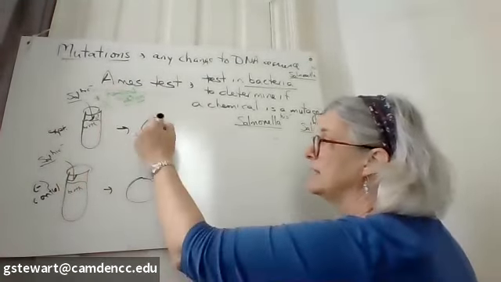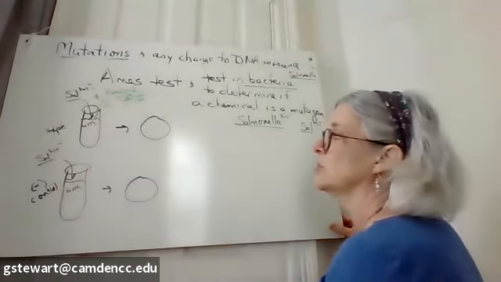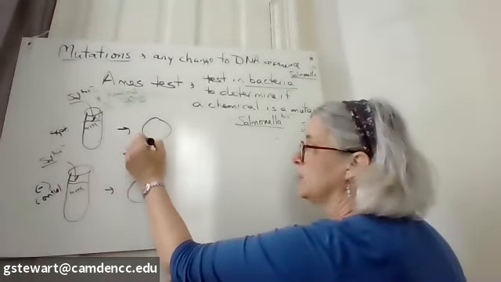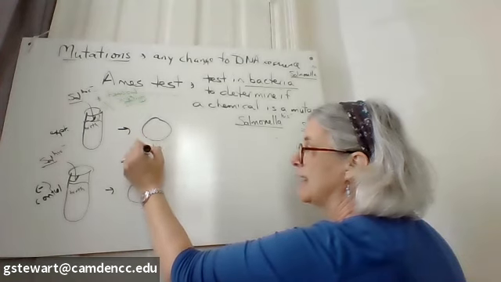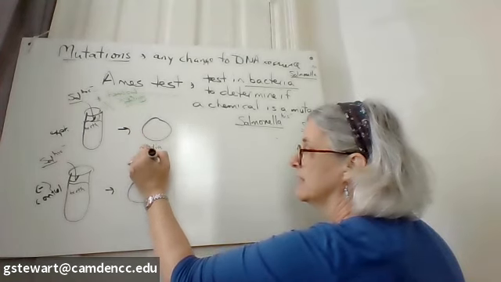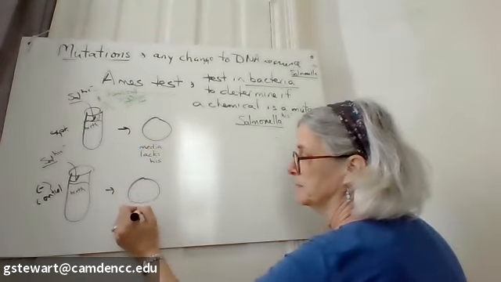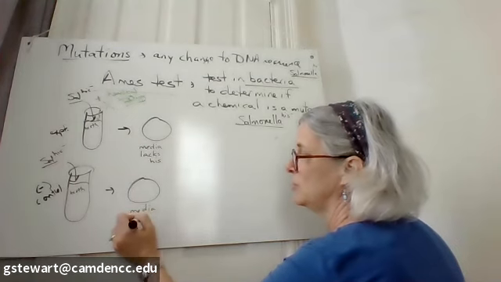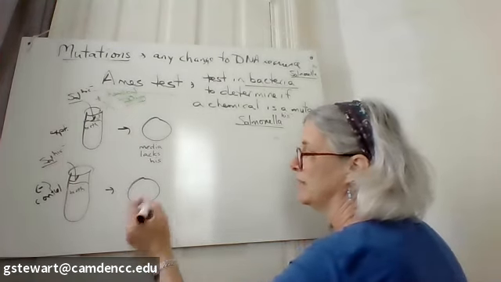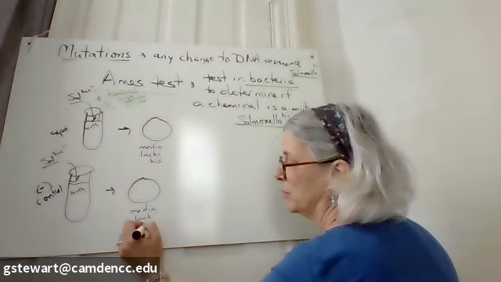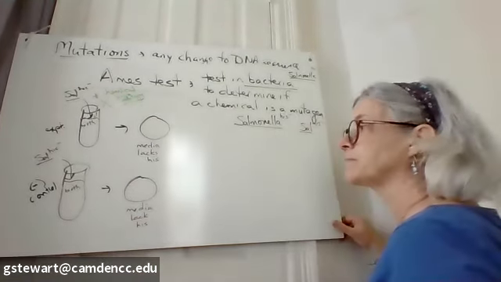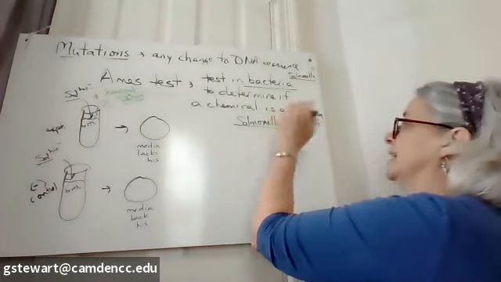Then you're going to plate the bacteria on a petri dish, and the media that you make lacks histidine. You actually use two plates, one with histidine and one without, but we're just going to look at the His minus plate. This bacteria cannot make histidine.